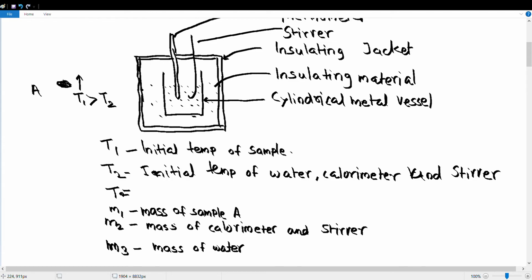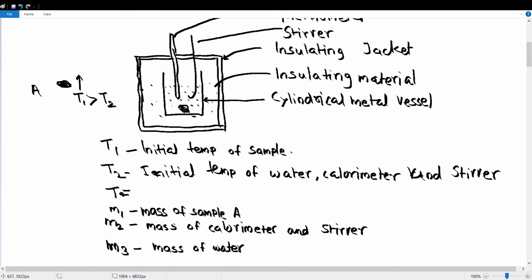So when this sample is heated to high temperature, which is greater than the temperature of water and calorimeter, then its temperature is recorded and that temperature is T1. Then this sample is taken and the sample is inserted in the calorimeter.